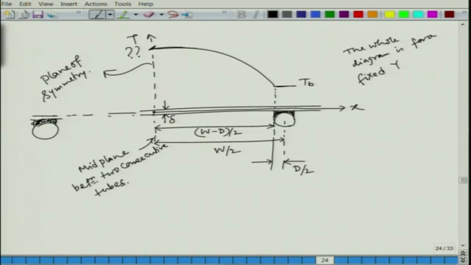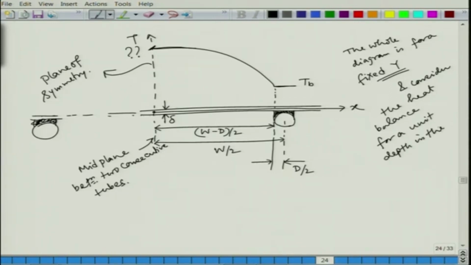This is for the fixed y, and consider the heat balance for a unit depth in the y direction. Okay. So, the whole thing is considered for a unit depth in the y direction, and that is how we are going to look at the heat balance for this particular geometry.